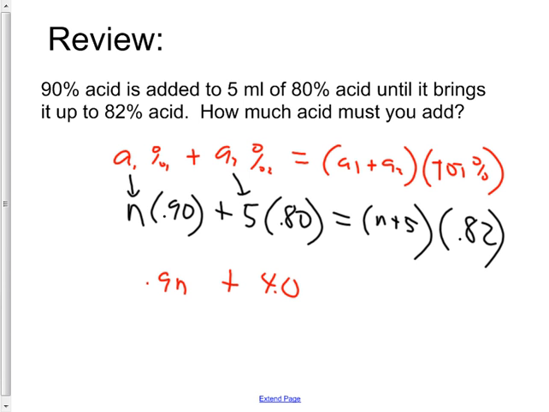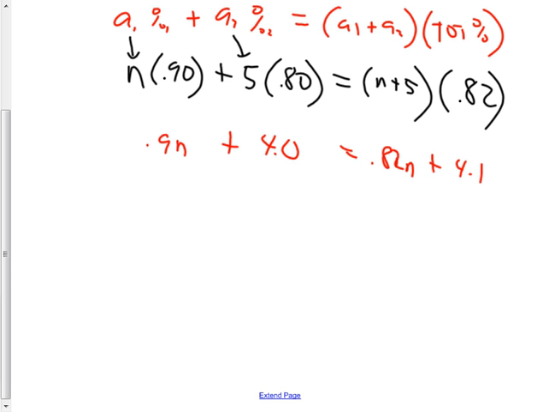All right, and then 0.82n plus 5 times 0.82. 5 times 8 is 40, and then 5 times 2 is 10, so 4.1, I think. If somebody with a calculator wants to overrule me, I'll gladly take the help.